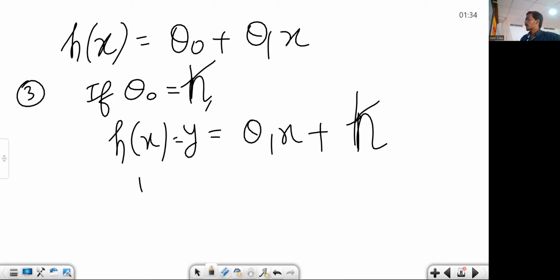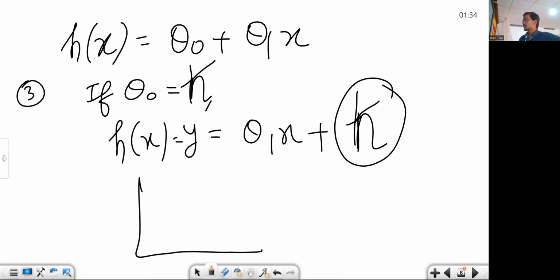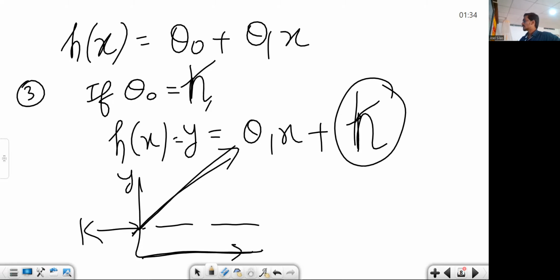In such a case, k will always be the y-intercept. Suppose this is the value of k. Then the increase in x causing an increase in y will start like this on the graph. Note that the learning algorithm depends on the input data set. Okay, so this is what we have seen.